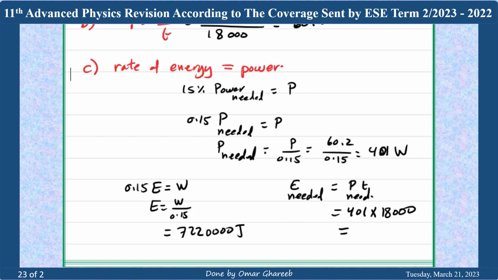So if you make this multiplication, you will get almost the same answer, 7,220,000. That is 7.22 times 10 to the 6 joule, or megajoule. 7.22 megajoule.